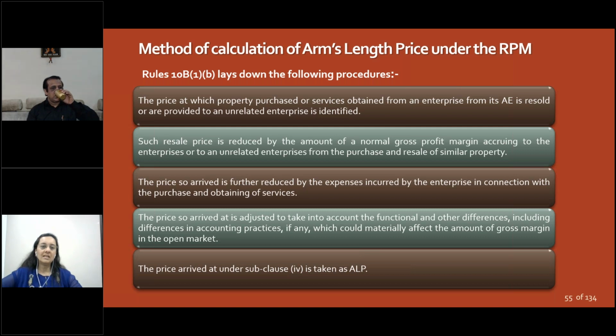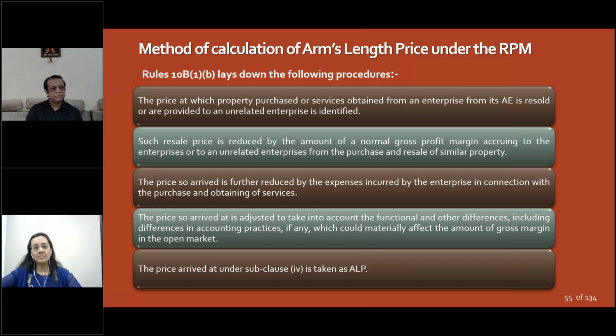The assessee applied TNMM and the TPO applied RPM. The tribunal held that where the resale is to an associate enterprise, at the threshold itself, as per Rule 10B(1)(b), RPM in law cannot be applied, and therefore RPM was rejected.